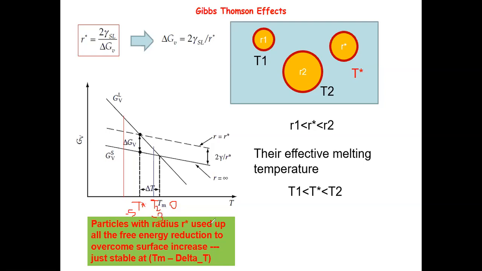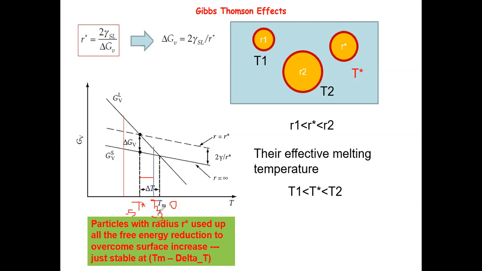T2 is higher than T star, but does the particle at T star, so this is my R2, right, feel hot or feel cold if I cool the system to -5 degrees Celsius while the particle only needs -3? Then it would feel cold. Because I have a supercooling, which is this, because I cool the system lower than what I need for the particle to be stable and to grow as a solid.